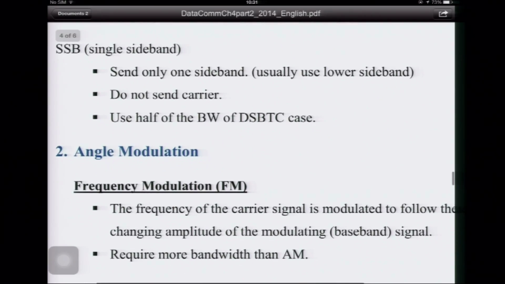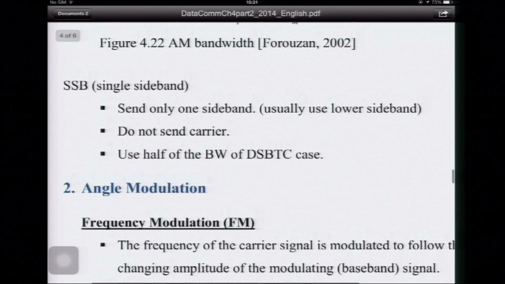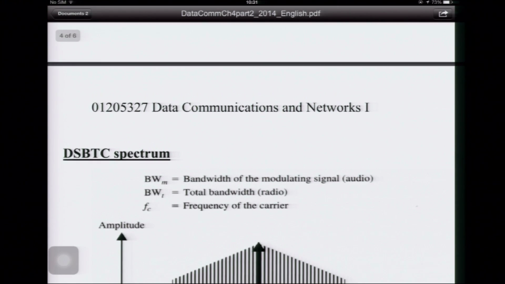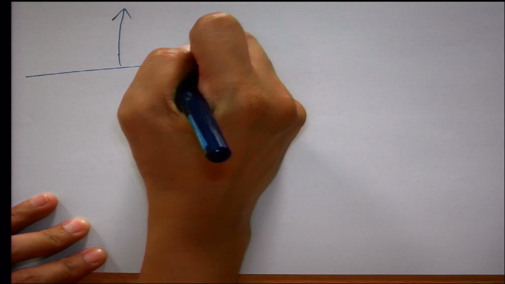There is a special case of single sideband transmission. In this case, we send only one sideband. Usually we send the lower sideband, and we do not send the carrier. So we use only half of the bandwidth of the DSB-TC case.